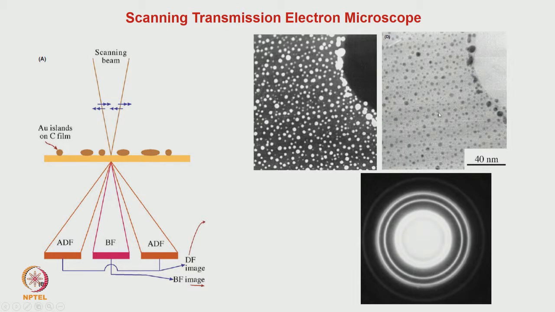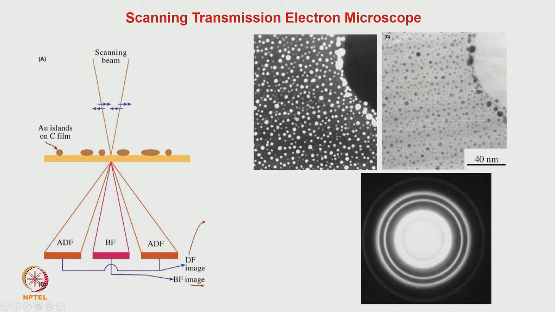The advantage of the scanning transmission electron microscope is that in the normal sample, as we had seen, the contrast arises because if there is a bending of the sample, that gives rise to some dark contrast. All those things do not affect the contrast in the scanning transmission electron microscope.